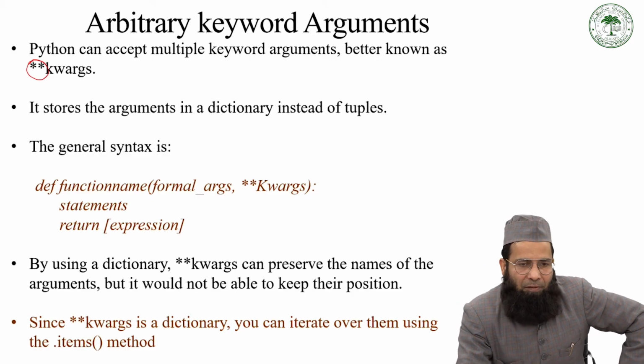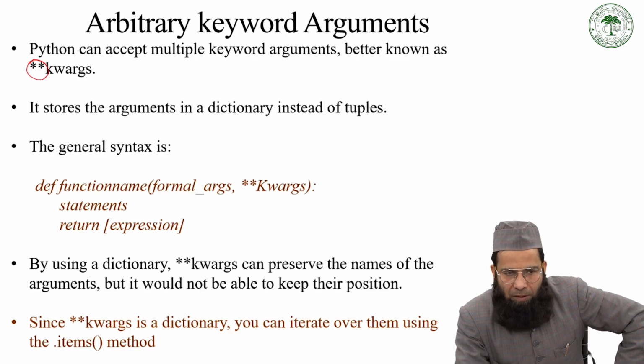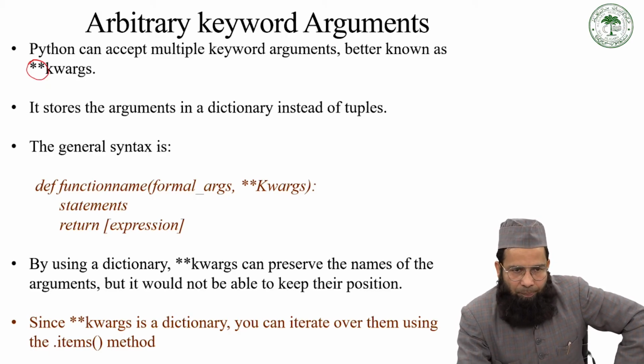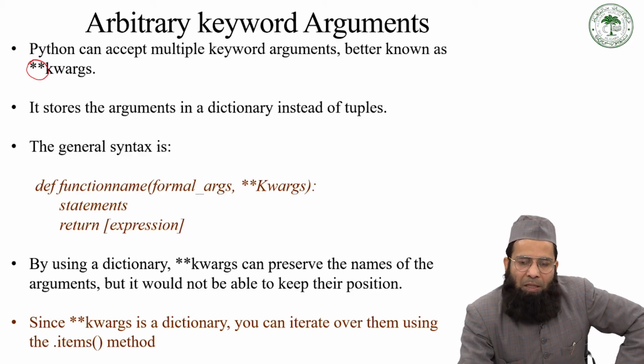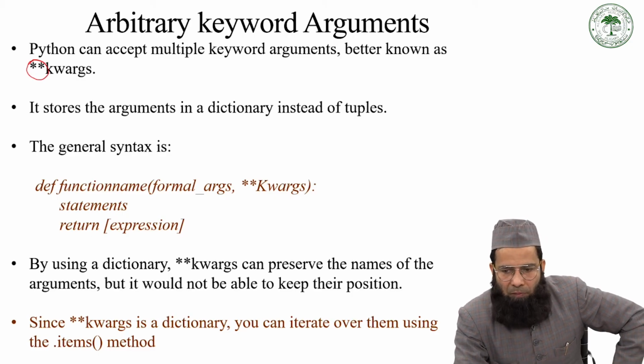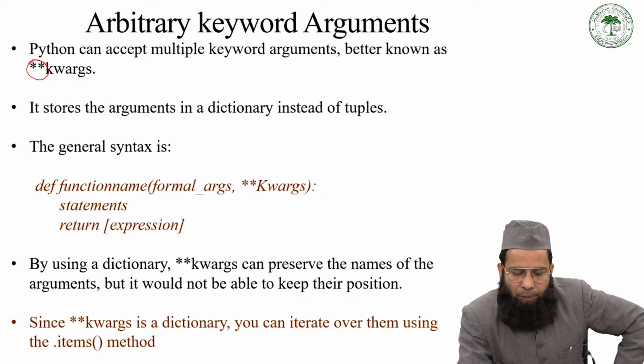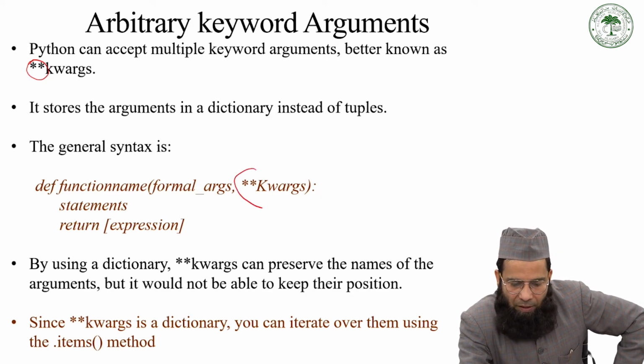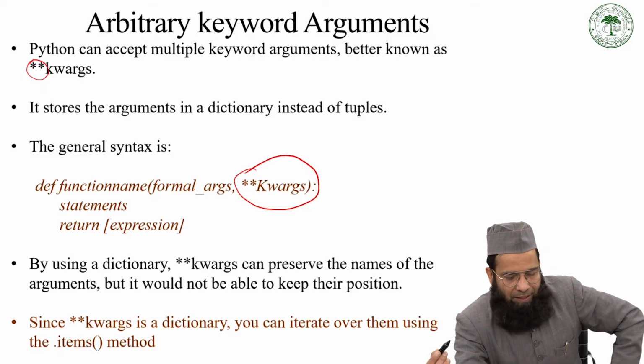In the previous case, the variable length argument, we saw that the values are stored in the form of a tuple, but in this case the values are stored in a dictionary. A dictionary is a special type of collection of data where we store key and value pairs. So we store the data in the form of key-value pairs in a dictionary. So this will be a dictionary in this case.